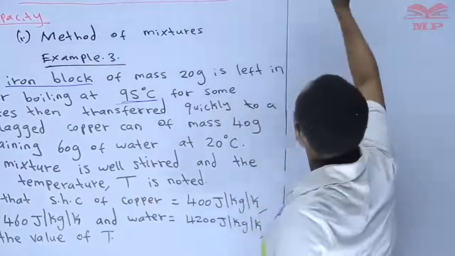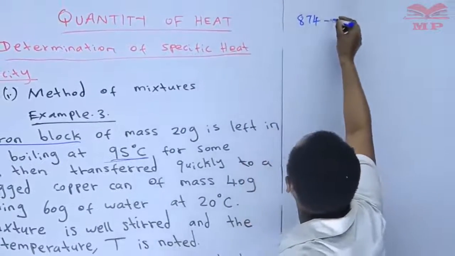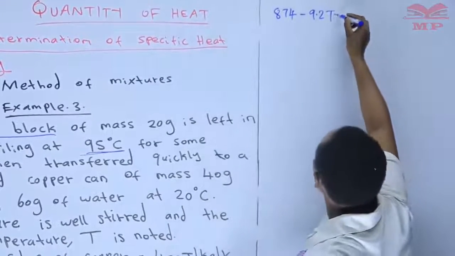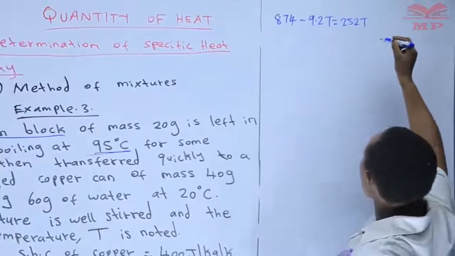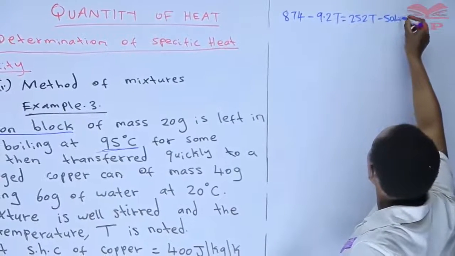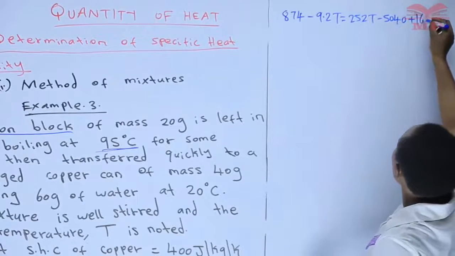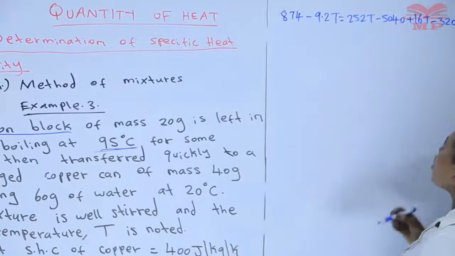So we have 874 minus 9.2T is equal to 252T minus 5040, then plus 16T, then minus 320.